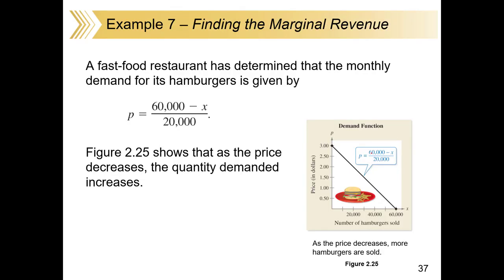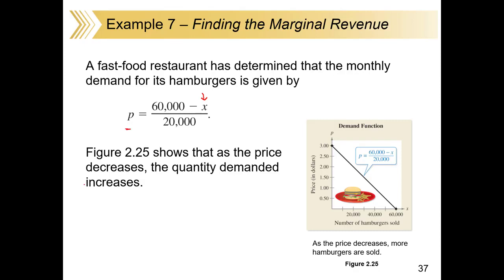So here's an example of a fast food restaurant, and they've determined this is the demand function for this particular fast food restaurant. Notice that on the left is price, and the actual demand is inside the expression on the right-hand side.